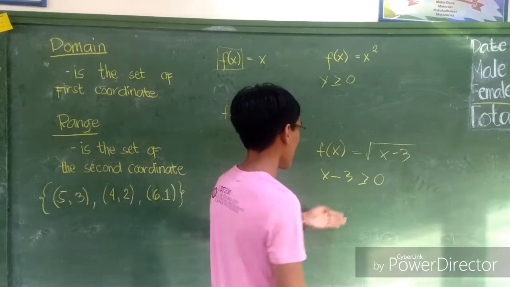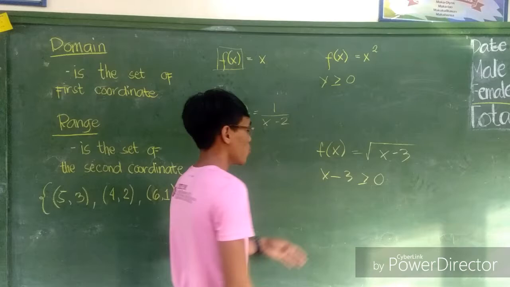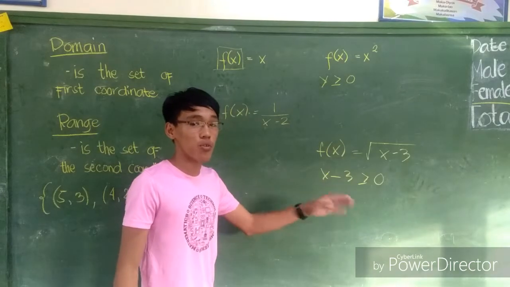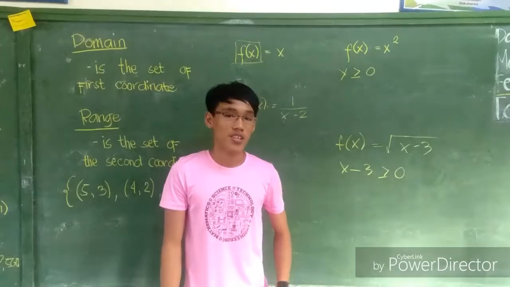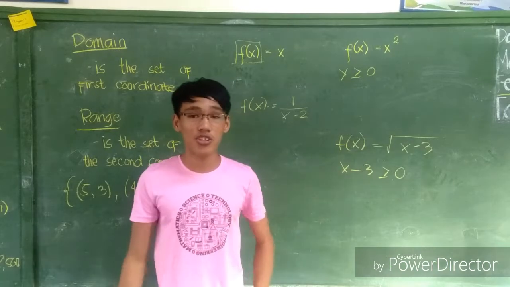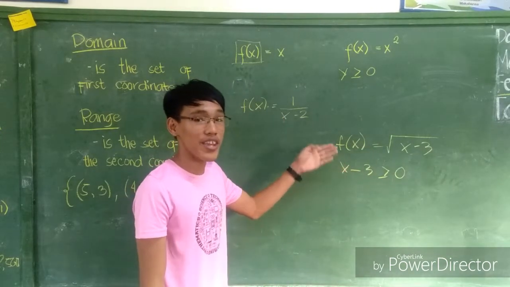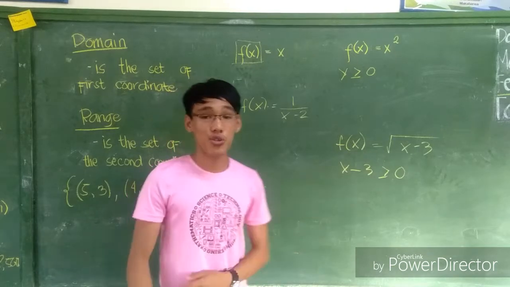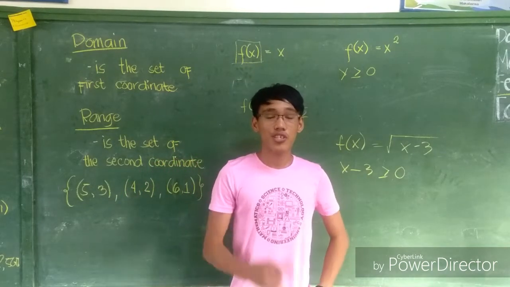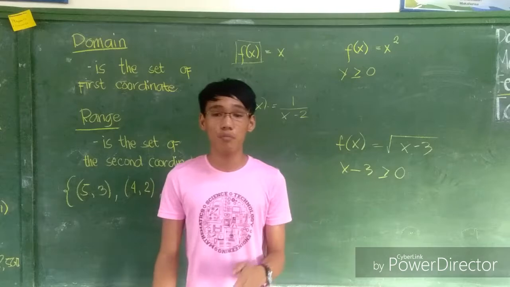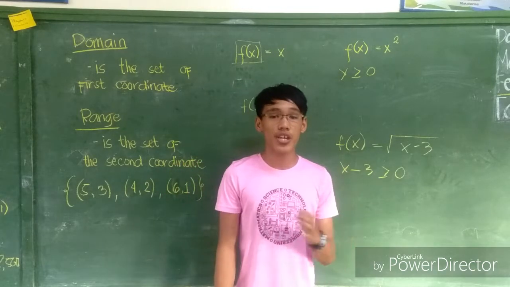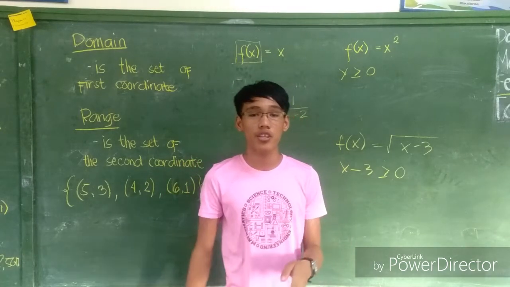So x here can take any value which is greater than or equal to 3. That brings us to our second constraint, which is that even roots cannot have negative numbers within them. So remember this: the denominator should be non-zero, and even roots cannot have negative numbers within them.